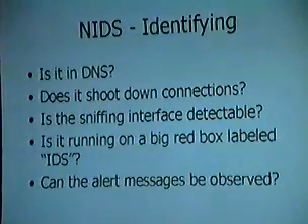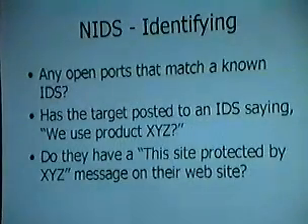And finally, can the alert messages be seen? There are certain famous websites out there, maybe like the Anti-Online site. When you go to their IDS, you can actually see the messages. It's pretty obvious that they're using a certain commercial vendor. So if you can find that out beforehand, maybe they accidentally have web-based management of their IDS and you stumble across it, you may be able to determine what kind of IDS it is.